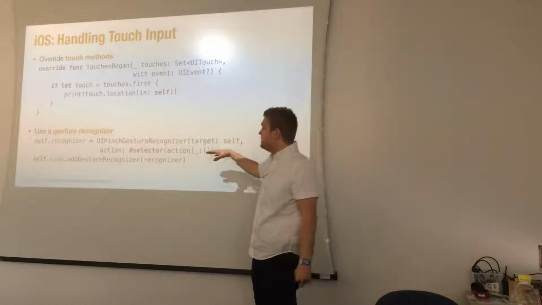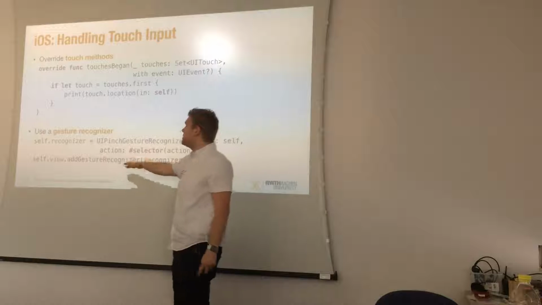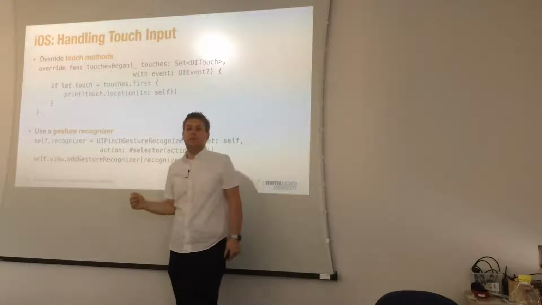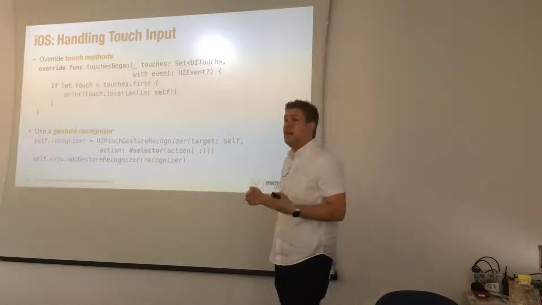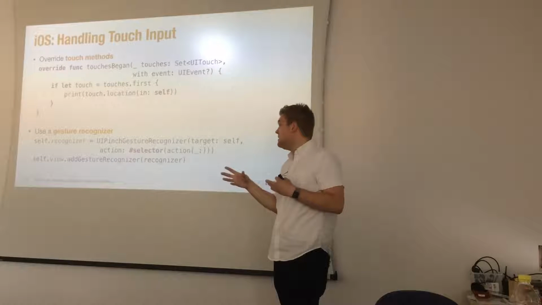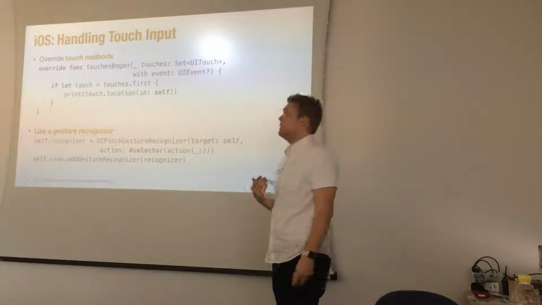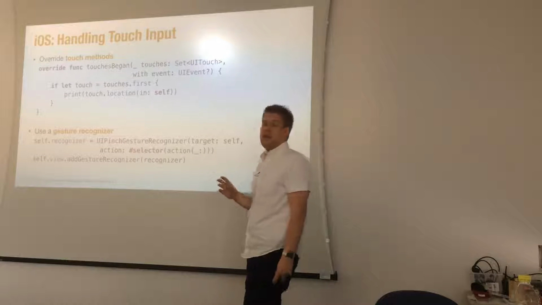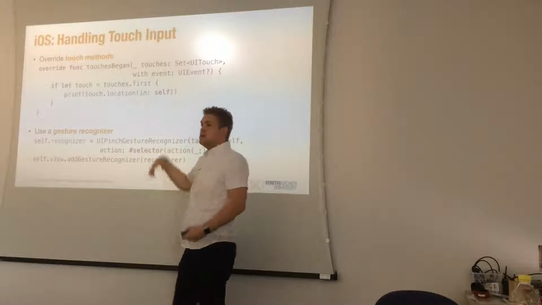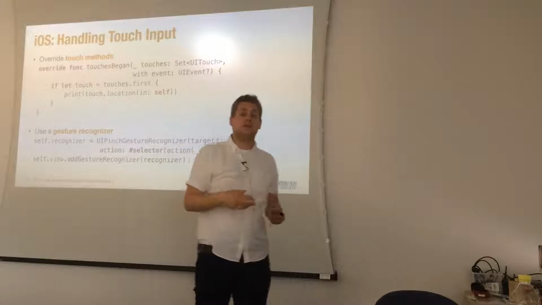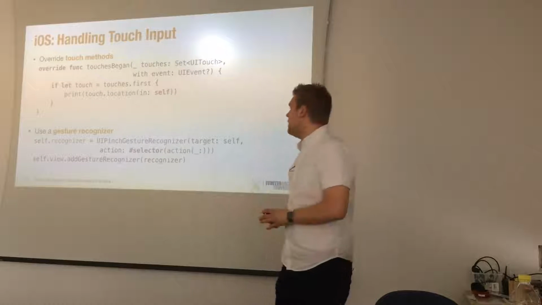What then happens is you attach a gesture recognizer to some view. And every time a touch event occurs in the view, this can pipe these events also to the gesture recognizer, which can then, before the touches are actually handled here, process the information and see what it can do.